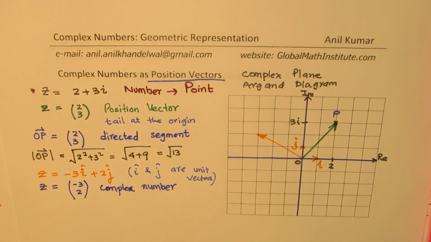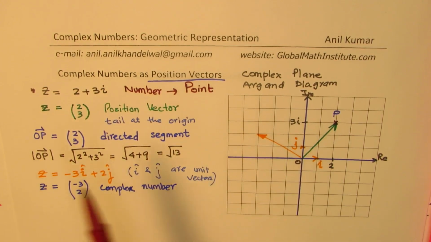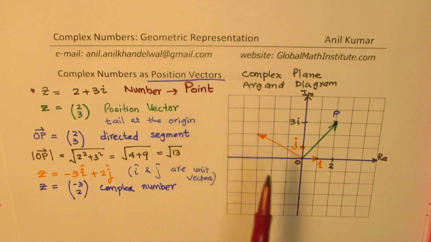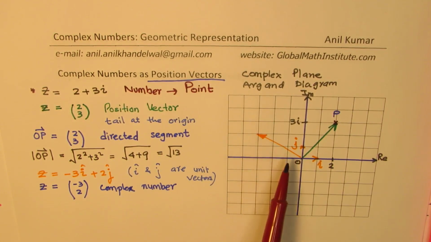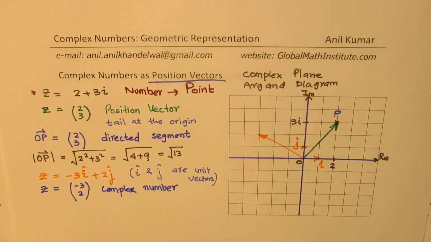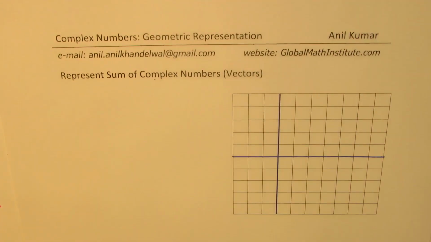So in this part of the video, we have learned how to represent complex numbers as position vectors. Remember, position vectors will have a tail at the origin and a directed segment. The length of the segment is proportional to the magnitude of the complex number. Perfect? Now, let us also see how to add and subtract complex numbers when they are represented as position vectors.